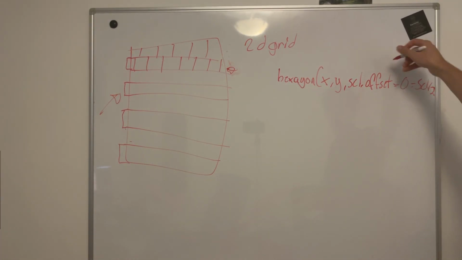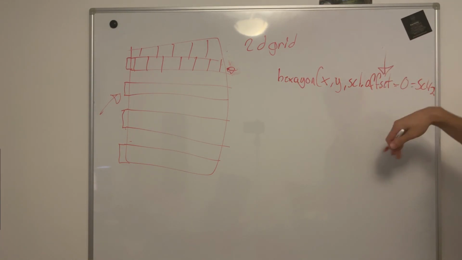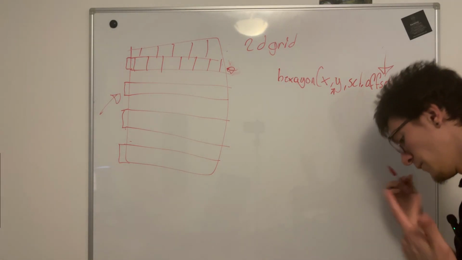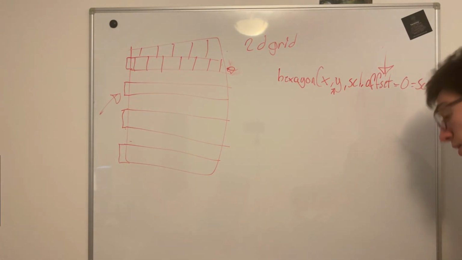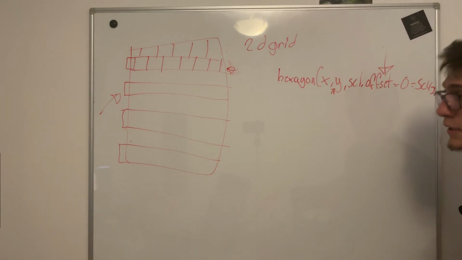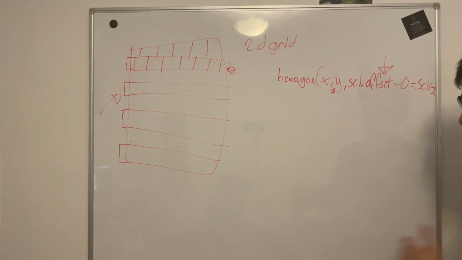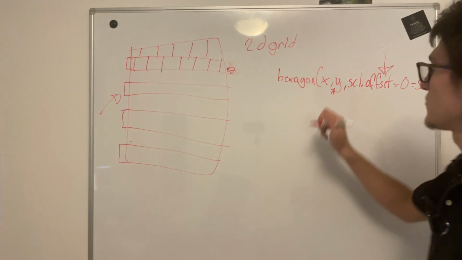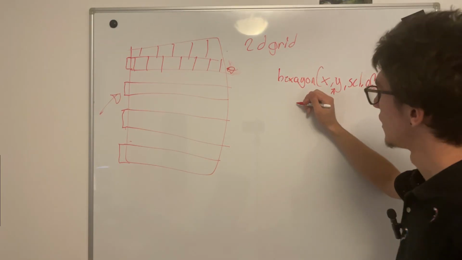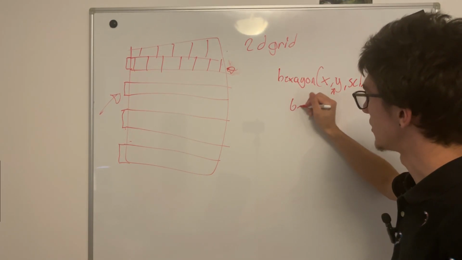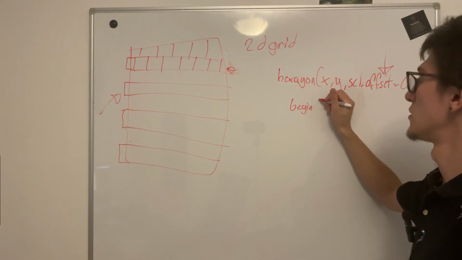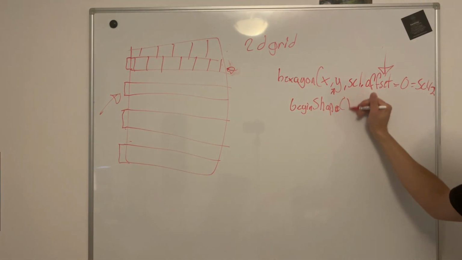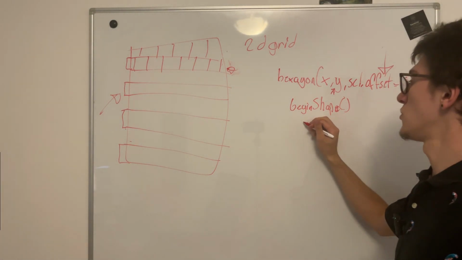We could technically omit the offset and just check if the y is even or odd, depending on which one we choose to be offset. But it doesn't matter in the end. So this function is going to first do a beginShape, and then we will do a for loop.